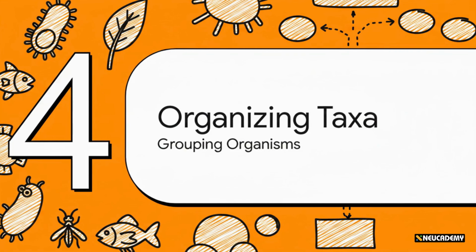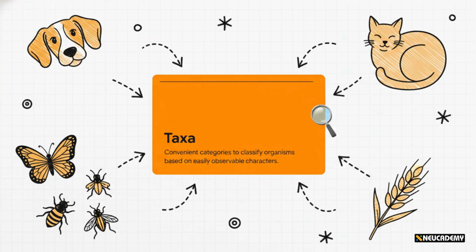Naming is just the beginning, though, because studying millions of organisms individually is just impossible. We have to group them. Section 4, Organizing Chaos into Taxa. When we look out at the world, we naturally group things into observable categories. If I say dogs, cats, insects, or wheat, a very specific picture pops into your mind. The formal scientific term for these convenient, observable categories is taxa, or taxon if we're just talking about one.